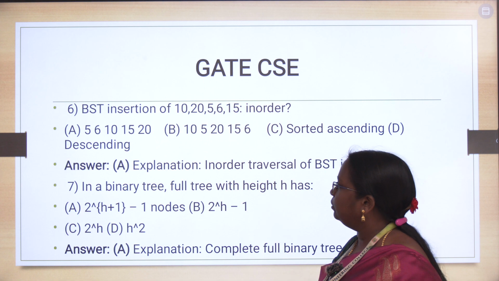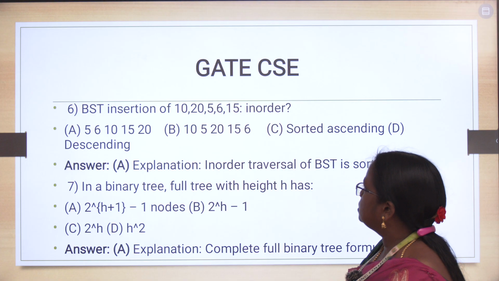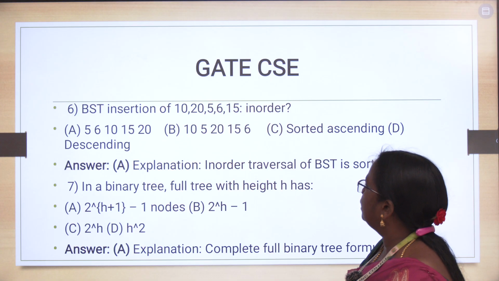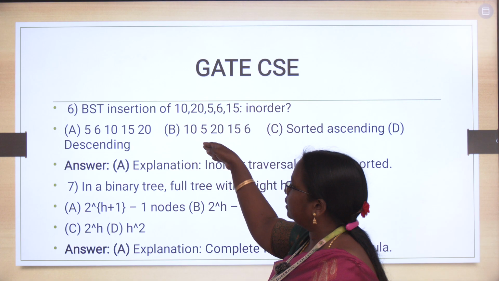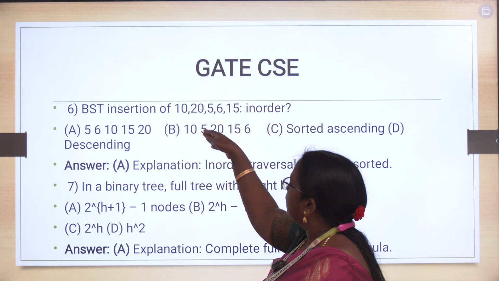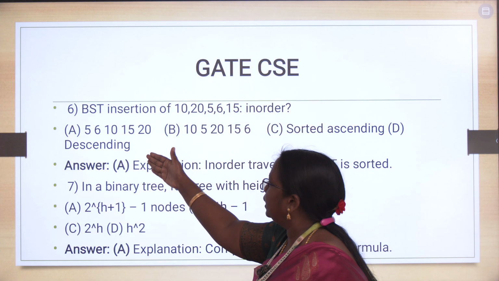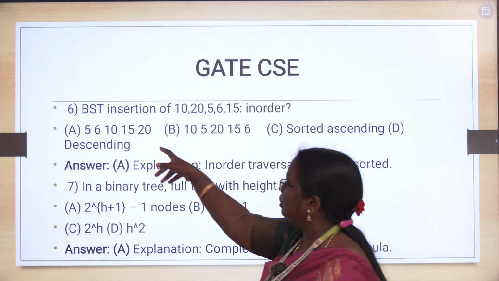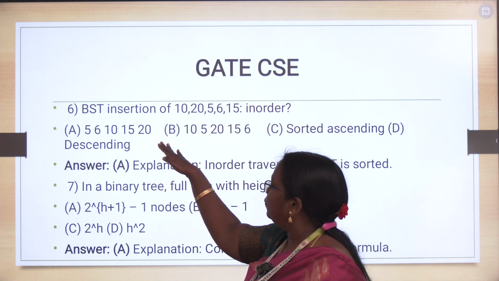Next is a BST insertion question. I have to give the insertion order and find the in-order answer. I take 10, 20. The greater value goes on the right side. Then you take the in-order traversal of the BST. The answer will be in sorted order, 5, 6, 10, 15, 20.